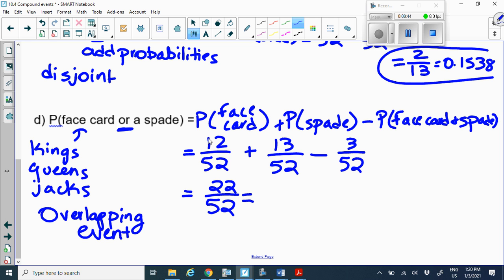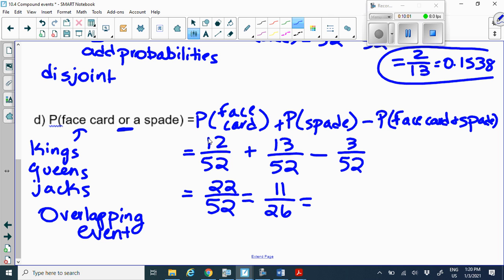And don't forget, we do need to make sure we simplify our fraction, or you could do it as a decimal around 4 places. So our final answer could be 11 over 26.